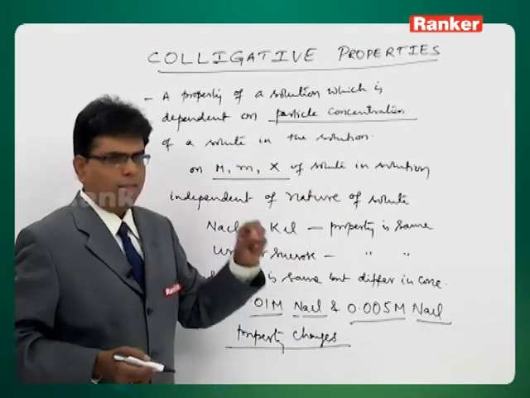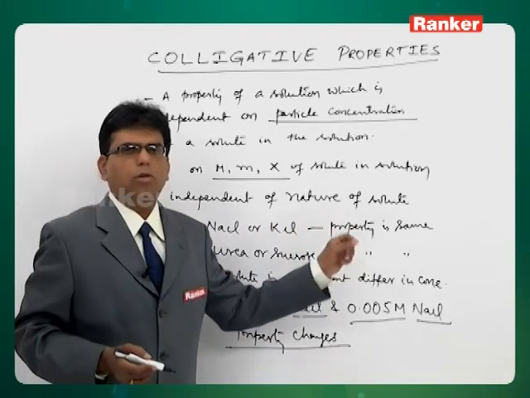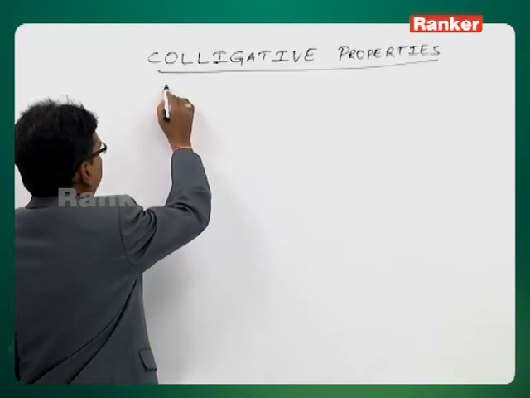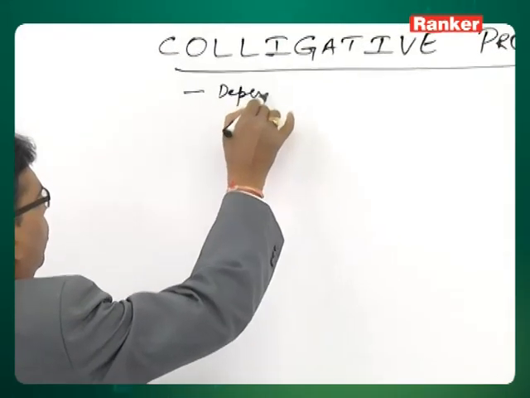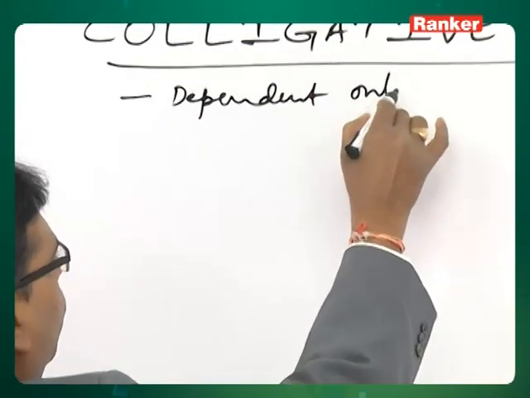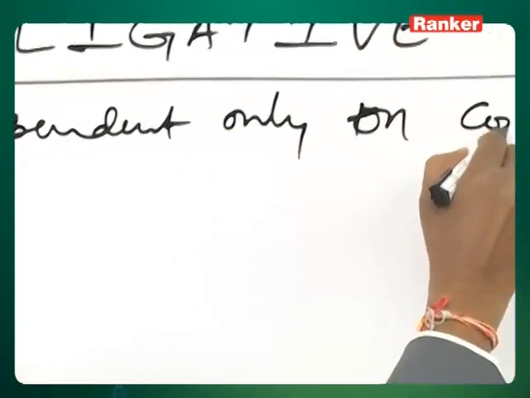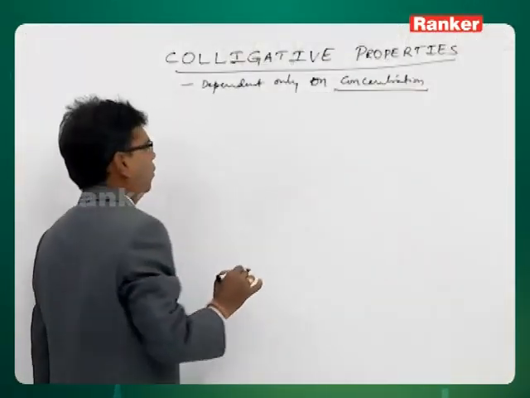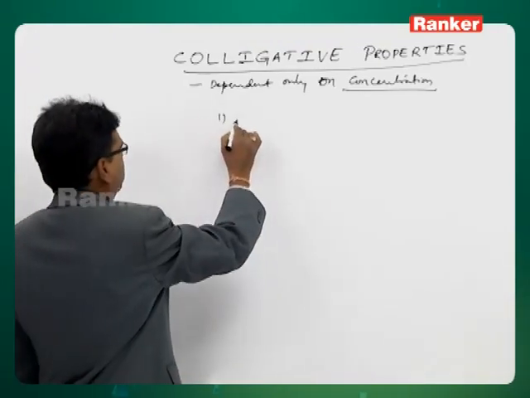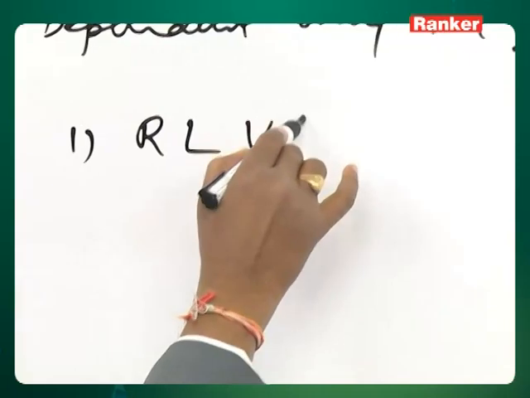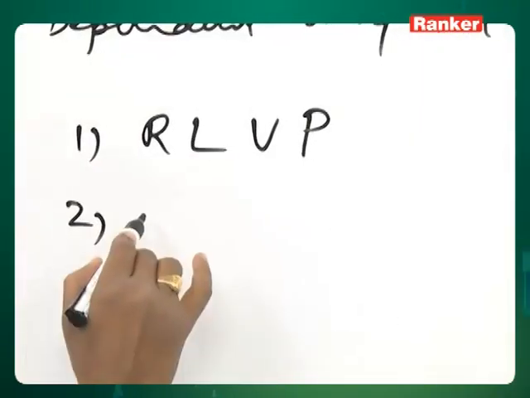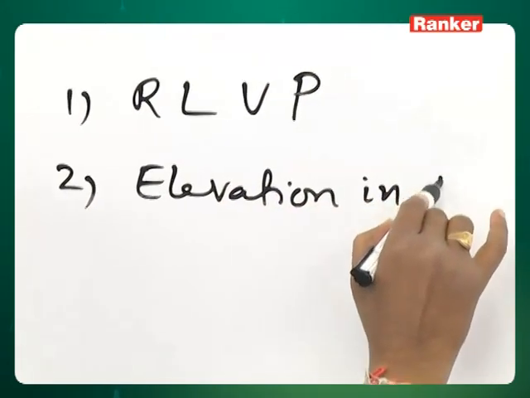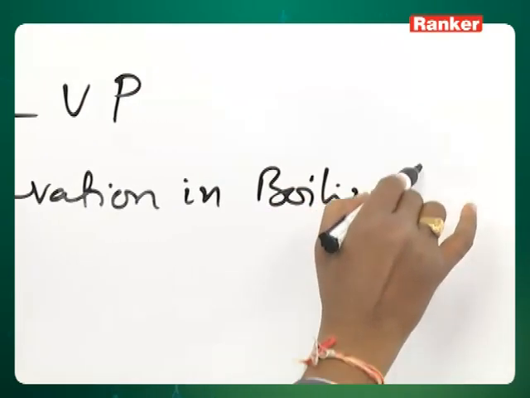Now, what are the different types of these colligative properties? These are the colligative properties, which are dependent only on the concentration of solute. What are they? One is relative lowering of vapor pressure. Second is elevation in boiling point.